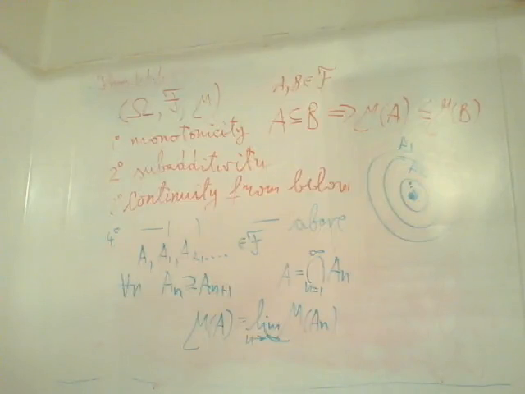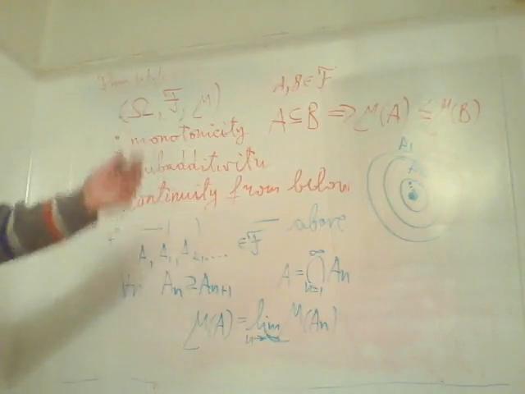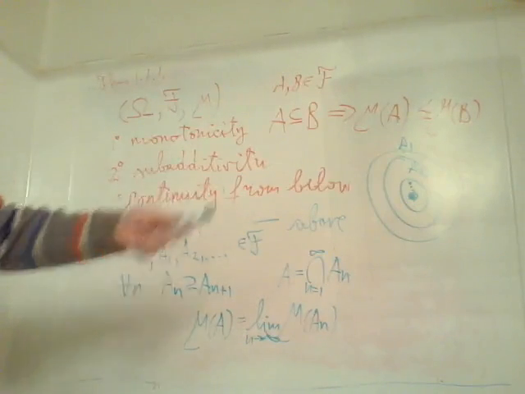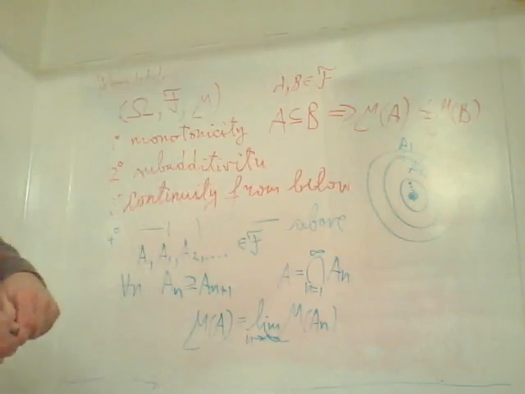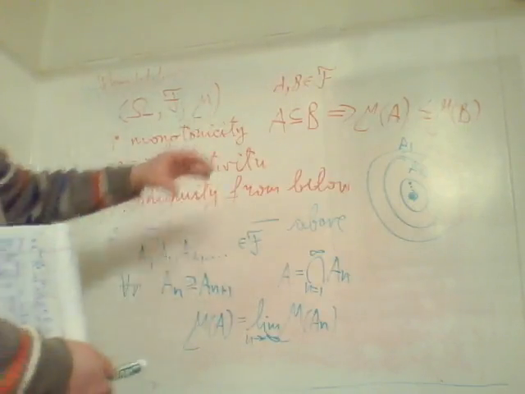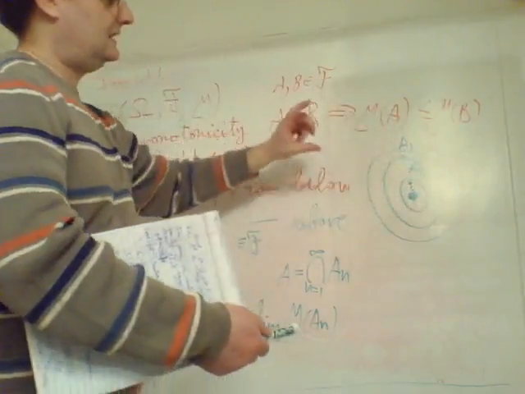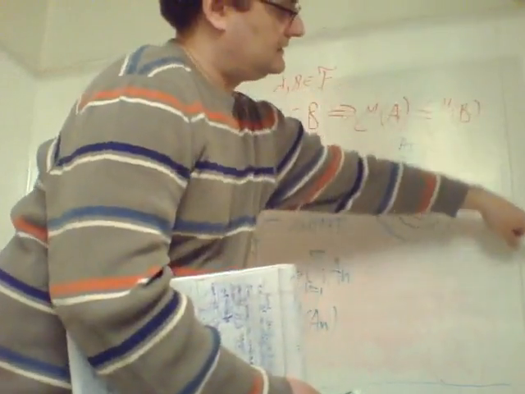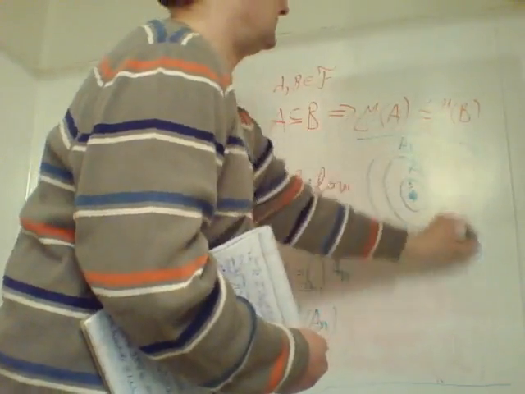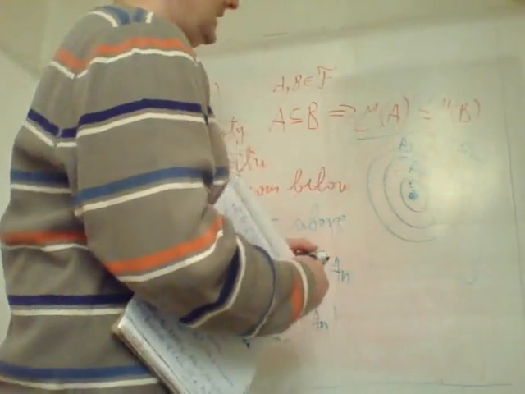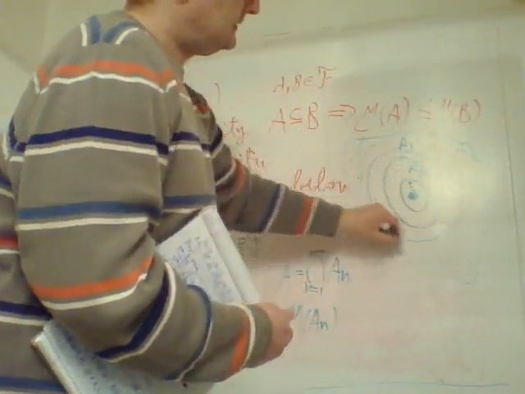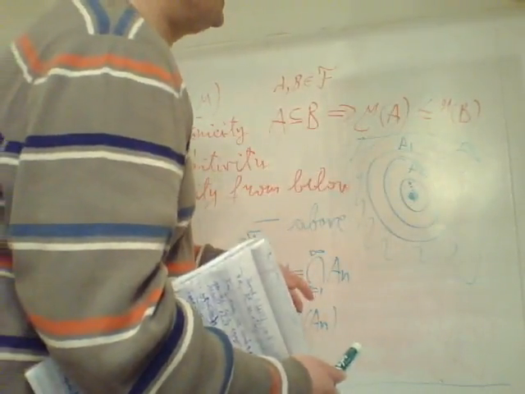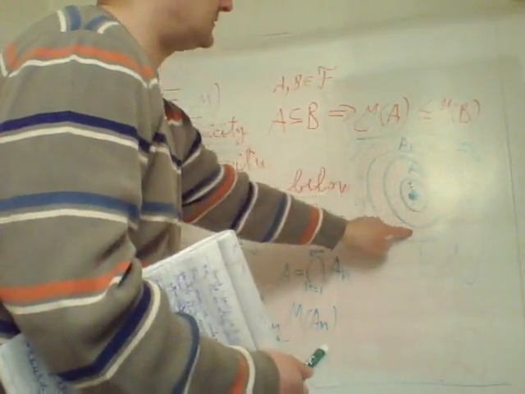Well, it's really easy to show just using continuity from below, because you can now reverse the order. Instead of having An's, take their complements. So A1 complement is this guy, and this is omega. A1 complement is this thing here. Now A2 complement is all that, but including also this part.